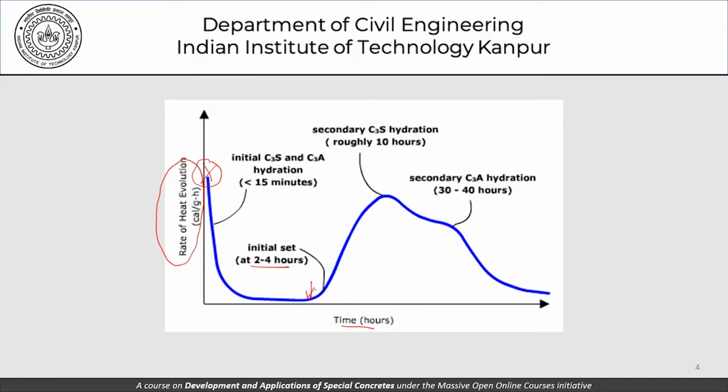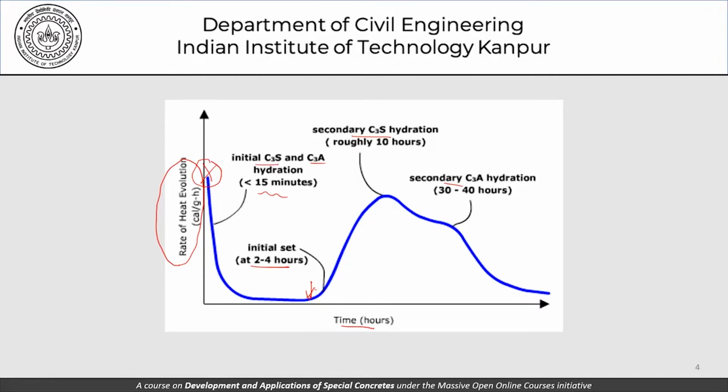This part is accompanied by the initial C3S and C3A hydration and lasts for about 15-20 minutes. Then we have another burst of heat evolution coming primarily from the secondary C3S hydration, and then the secondary C3A hydration, which goes on for a much longer period of time.